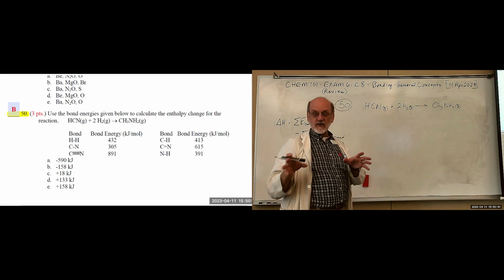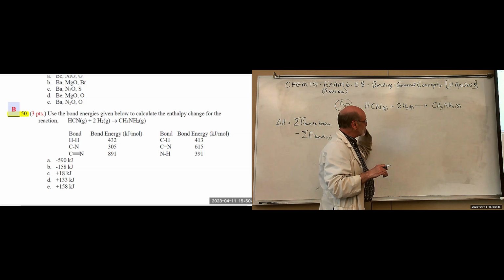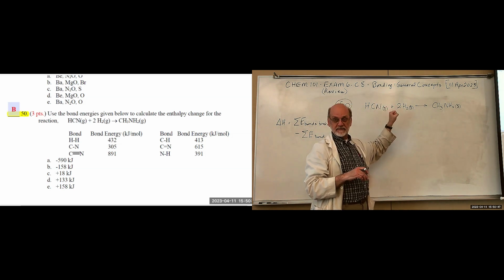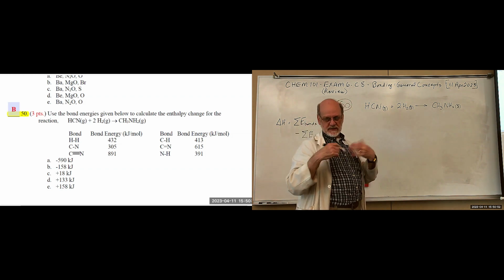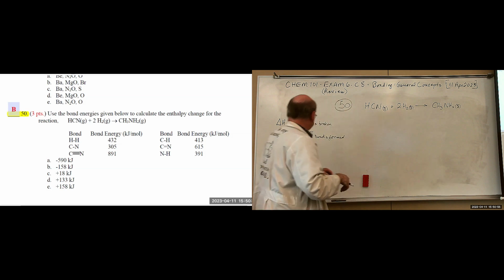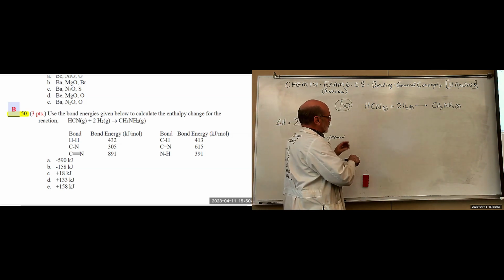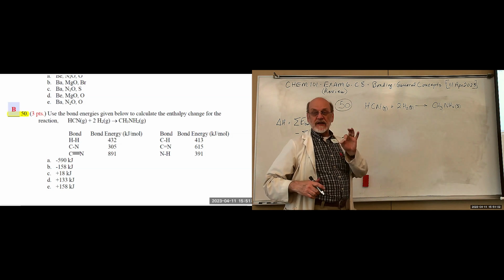Bond energies, like I said earlier in the class, mean how much energy you have to put in to break the bond. So it's always positive, right? You're adding energy to the system, so it's a positive value. Okay. So what we need to do is assess what the bonds are.